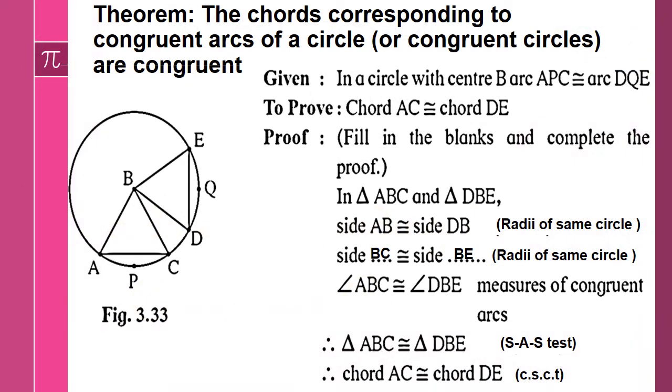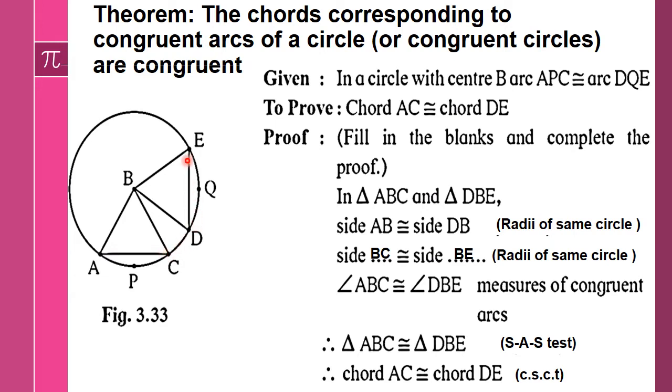Let's see the theorem regarding congruent arcs and the corresponding chords. The statement says the chords corresponding to congruent arcs of a circle or congruent circles are congruent. That means if you see this diagram, there is a circle with center B, and if arc APC is congruent to arc DQE, then the corresponding chord AC is congruent to chord DE.